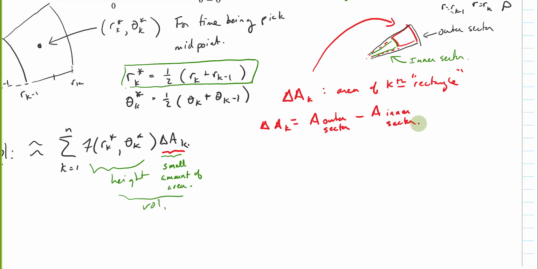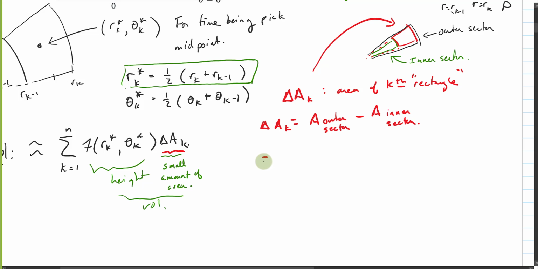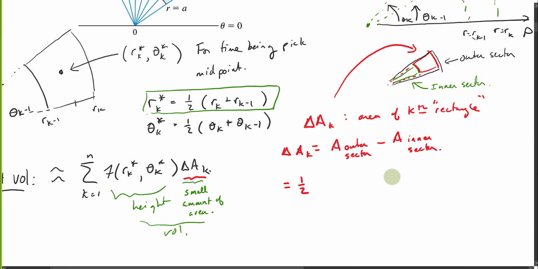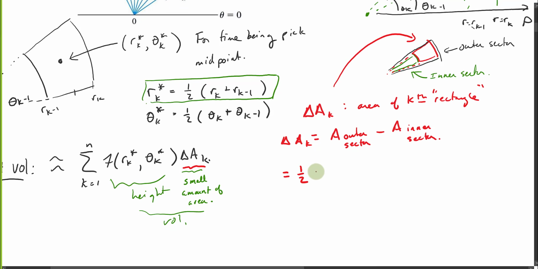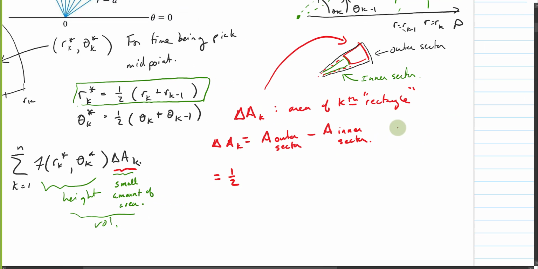Okay, so that makes our delta A sub k, or the area of that kth rectangle, going to be 1/2. What's the area of the outer circle? Well, just to recap, the area of a sector we derived last time in our pre-work was 1/2 r squared theta.